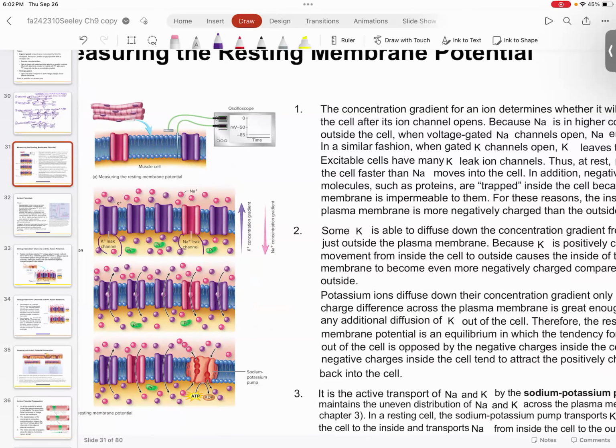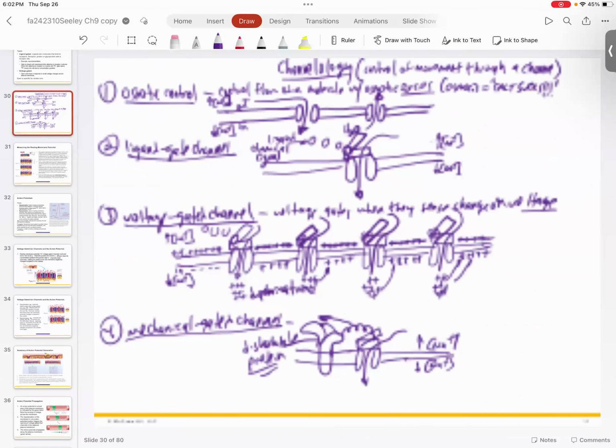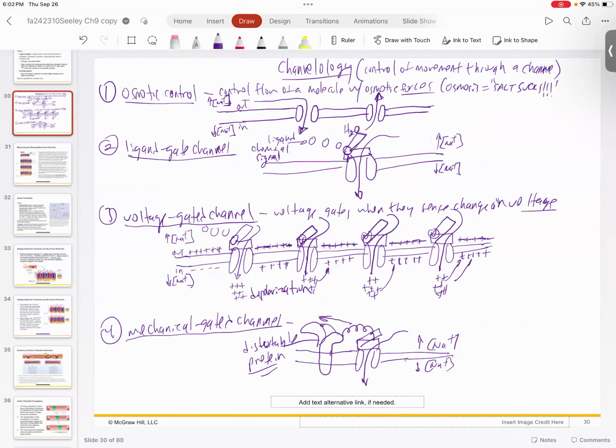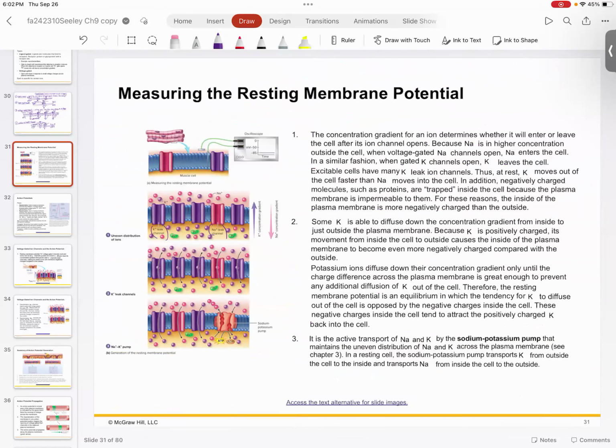Now, a leak channel is basically a channel that conforms to our first convention. It's open, ungated, and just following osmotic control, so molecules are free to come and go as they wish. Your sodium potassium pump, which is building up your sodium and potassium gradients, is accompanied by a series of leak channels, both sodium leak channels and potassium leak channels.